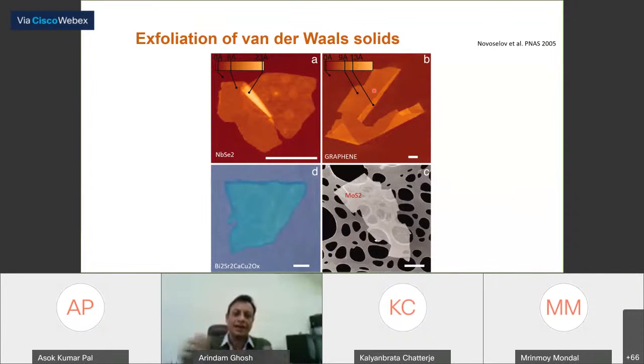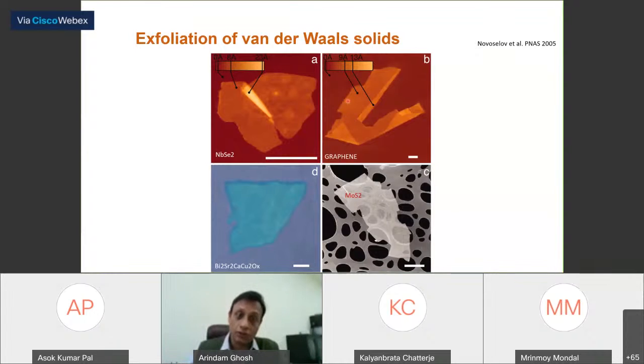You just take a layer using scotch tape and press it on the bulk of this material, and when you take the tape out, individual layers get stuck on it, and you press it on the substrate. They come in random shapes, but their thickness is really one or a few atomic or molecular layers.